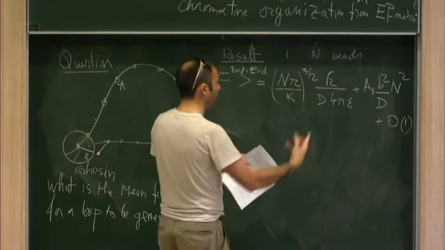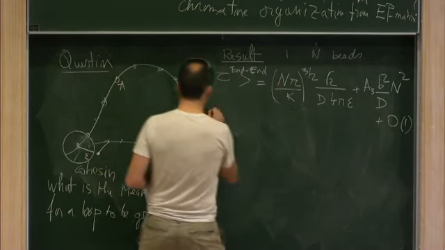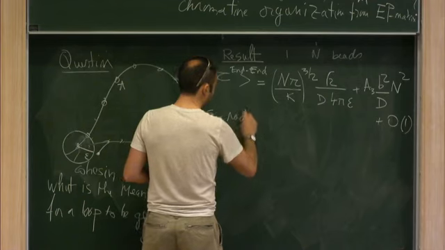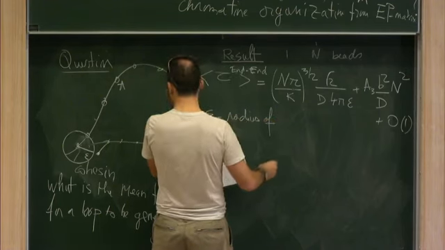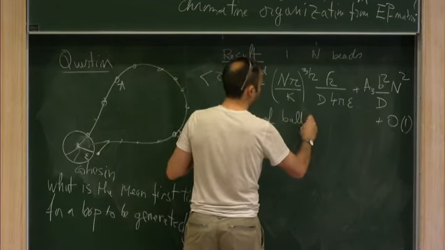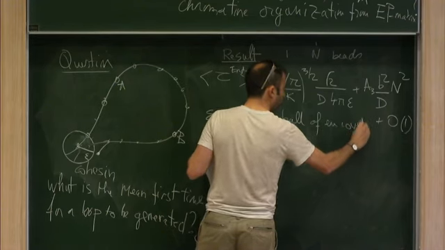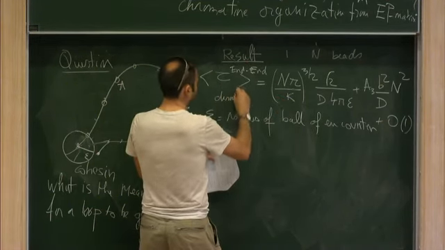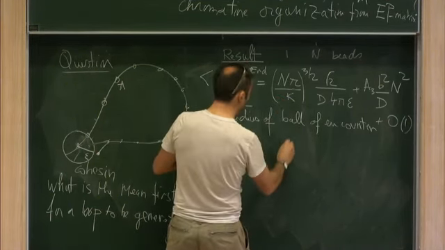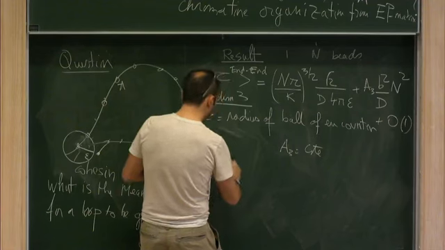There are two parameters here that are important. N is the total number of beads, and epsilon is the radius of the ball of encounter. This is in dimension 3. A3 is a constant, D the diffusion coefficient.